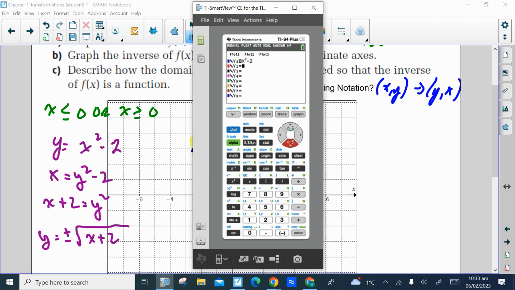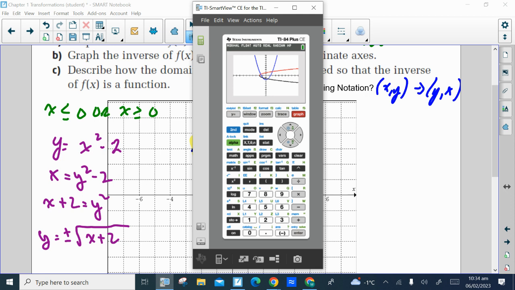If in y2 you just put the positive root of x plus 2 and graph that, you see it only graphs the top part of the inverse, not the bottom. You'll need a third equation in there with the negative root of x plus 2 to get the entire inverse graph. Now it graphs the bottom as well.